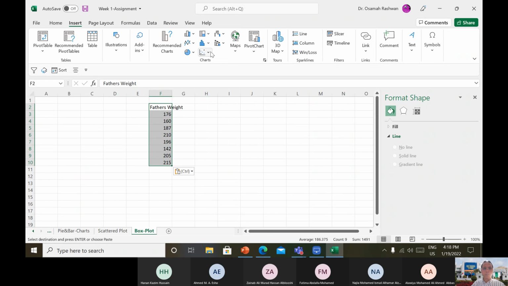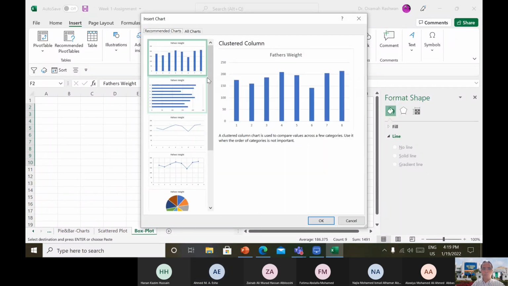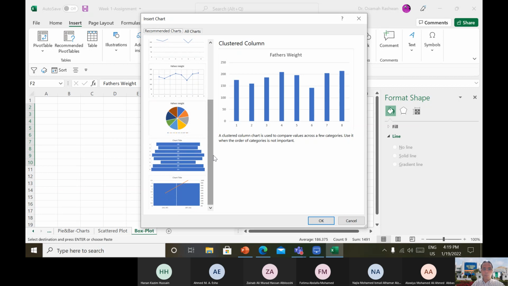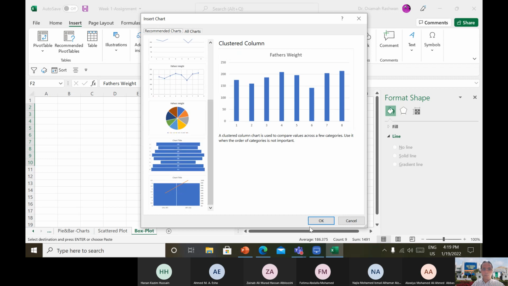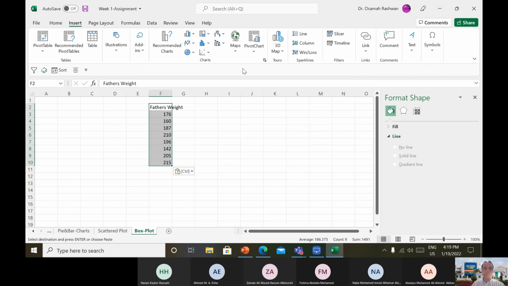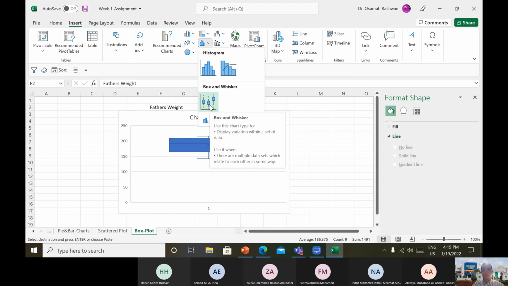Can you tell me where the box plot is? Hello? In the recommended charts, it is recommended, so no box plot here. I didn't find it. Do you have it in your Excel? It's supposed to be in this part. Yes, here it is. Good.